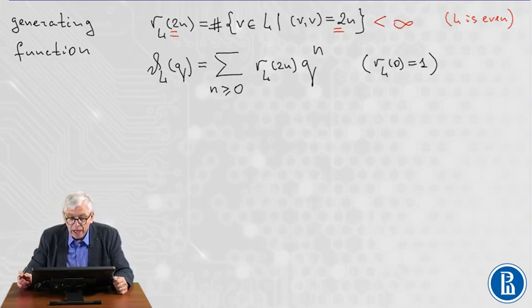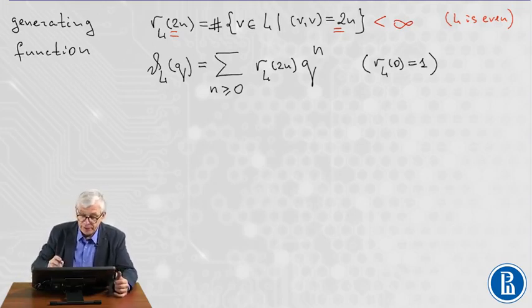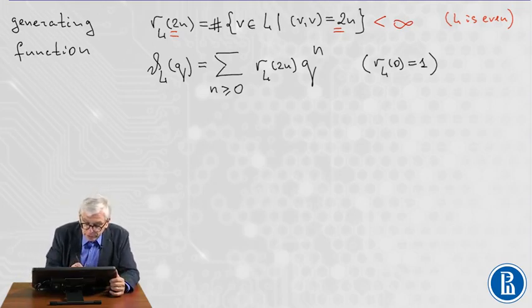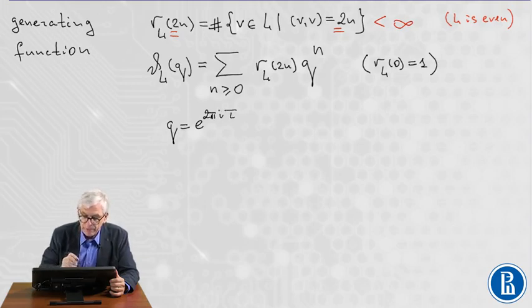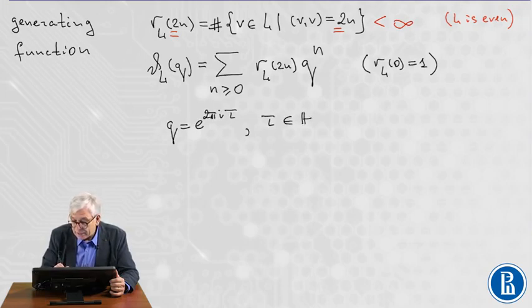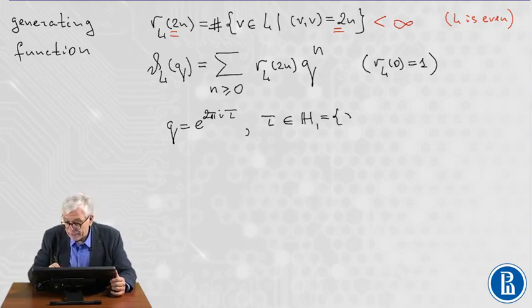But now I would like to construct a holomorphic function related to this generating function. We put q equal to e to the power 2 pi i tau, where tau is a point in the so-called upper half plane. This is the set of complex numbers with positive imaginary part.